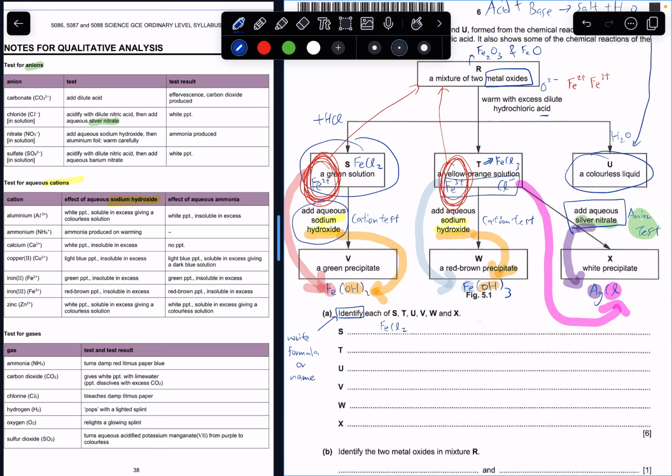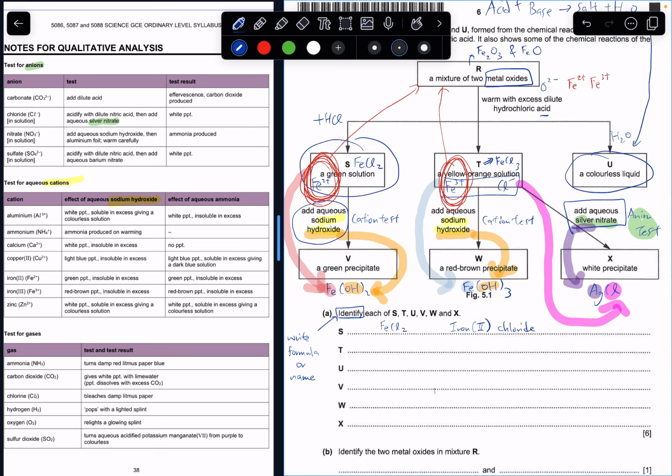Because some students like to do this: NaCl, MgCl, AlCl, even though this is group 1, this is group 2, this is group 3. They just forget to balance. If this is you, then maybe it's better for you to write the name. The name in this case is iron(II) chloride.